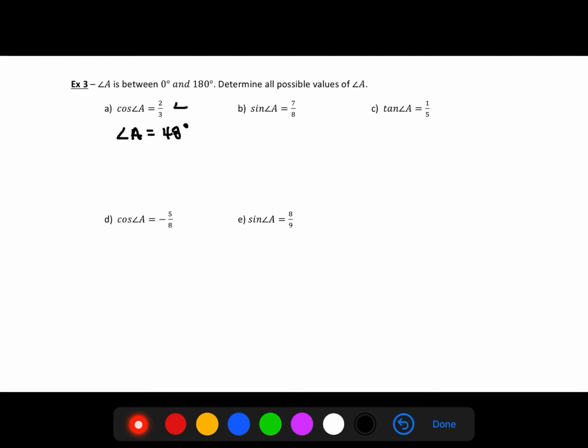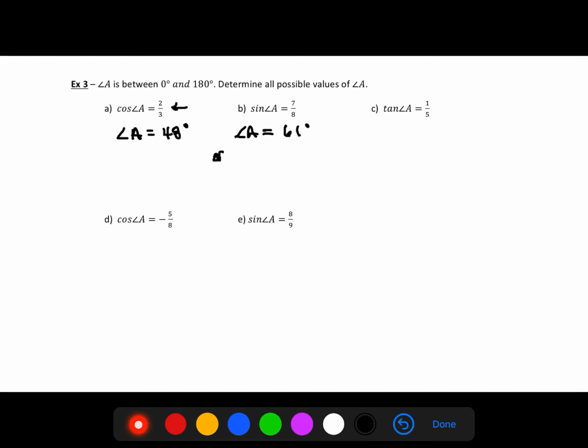Well, we know that cosine ratio is positive. The value here is positive, which means it has to be an acute angle. That makes sense. We don't have any other angles that would have a positive cosine in the second quadrant. Sine of angle A is equal to 7 over 8, so inverse sine bracket 7 divided by 8 tells us that angle A is going to be equal to 61 degrees.